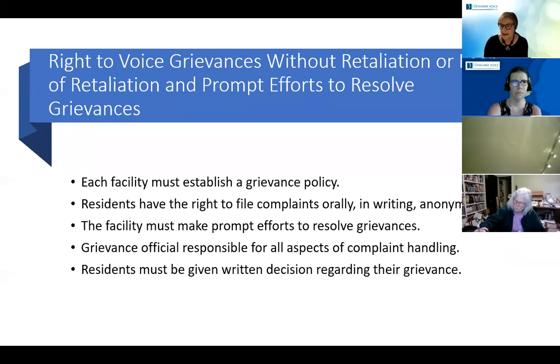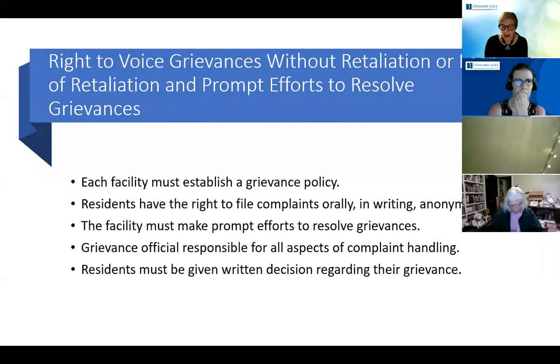As I said, most people tend to think that it's about 10 days to 2 weeks, but the facility has to tell you what that time frame is, for your loved one in your loved one's facility.